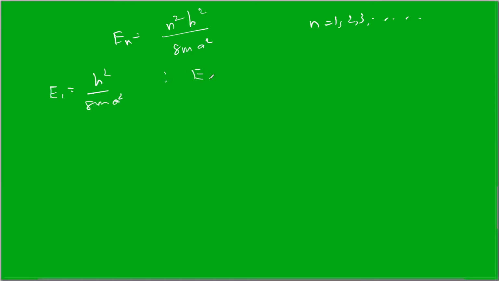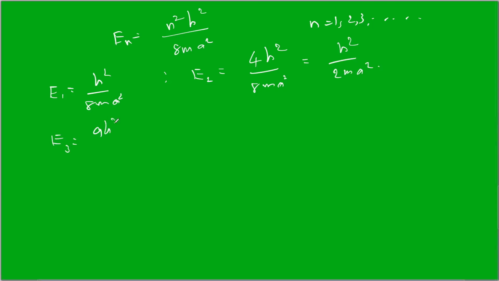Similarly, E2 will be 4h square upon 8m a square, or h square by 2m a square. E3 will be 9h square upon 8m a square. In general, En is equal to n square h square upon 8m a square.